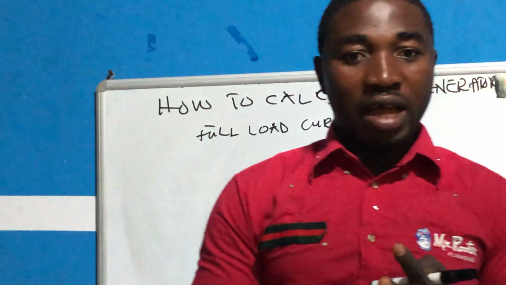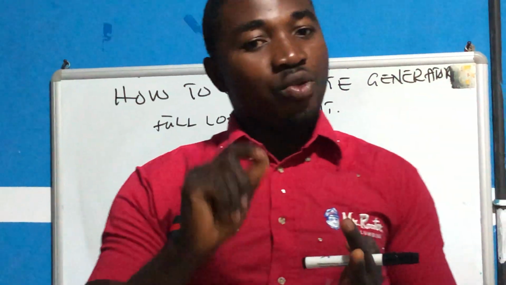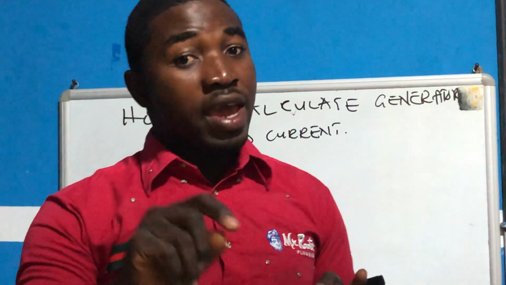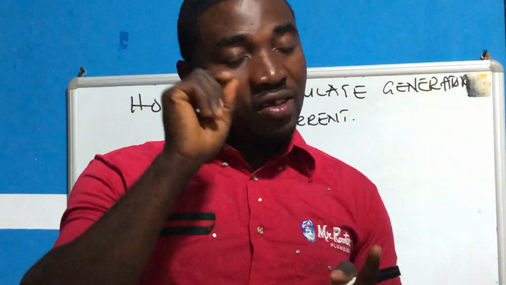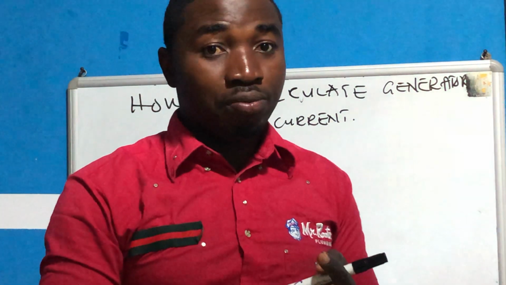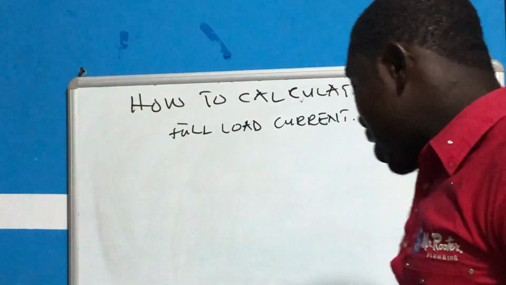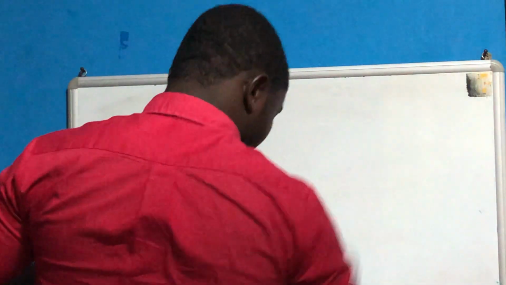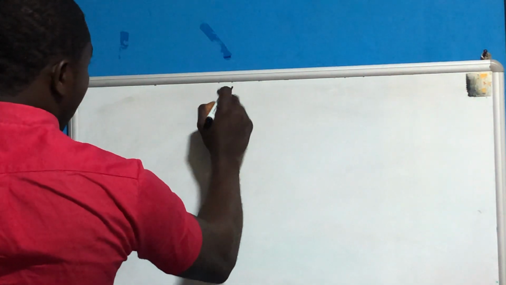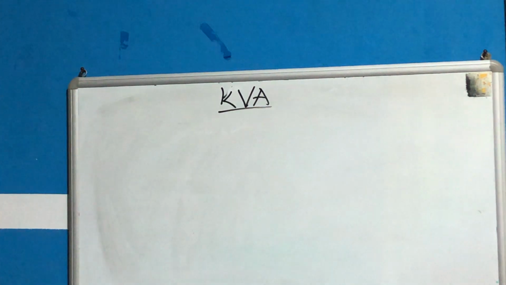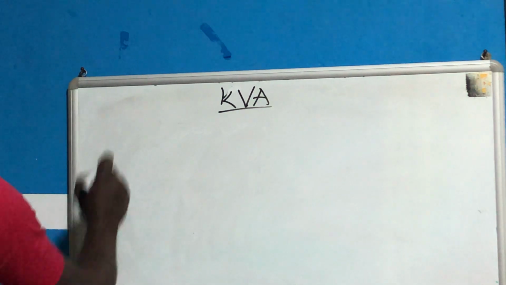The second parameter, you need to look at the rating of the generator. Is the generator rated in kVA or in kilowatts? If the generator is rated in kVA, that's kilovolt ampere, this is the formula to be used.